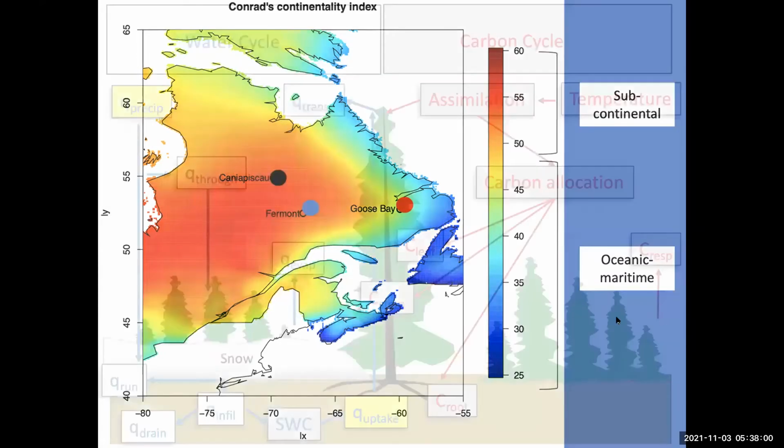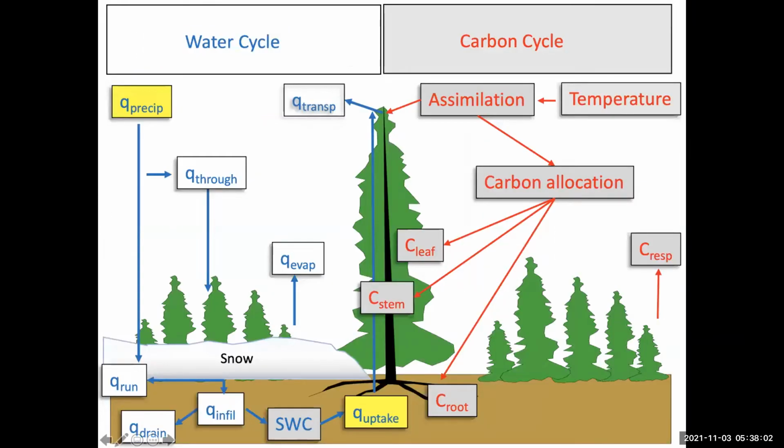So the way we see things in our lab is that we take forests as recorders of the interactions between the water cycle and the carbon cycle. As you know, trees under the influence of heat assimilate atmospheric carbon and store it in the wood, right? But by doing so, they also evaporate water. So if they evaporate water, it means that they take up water, right?